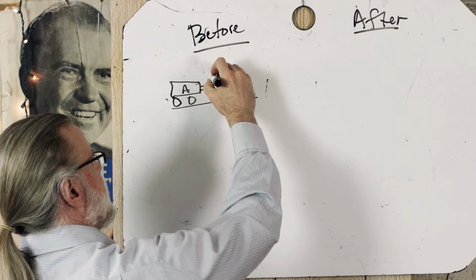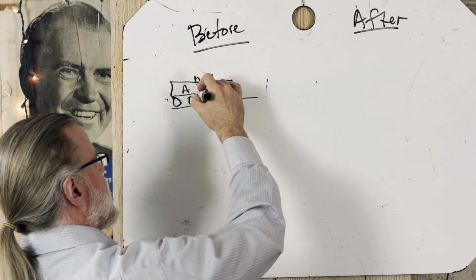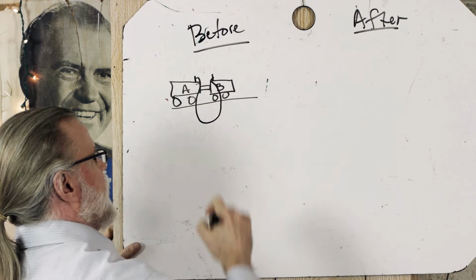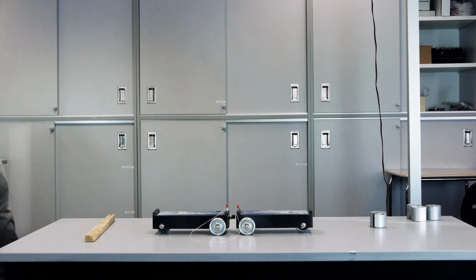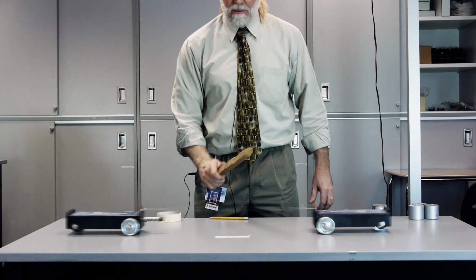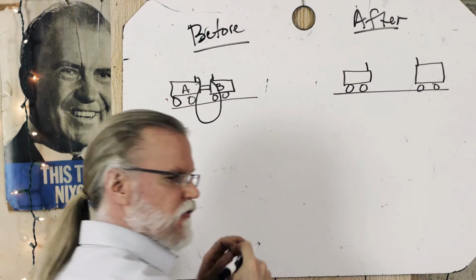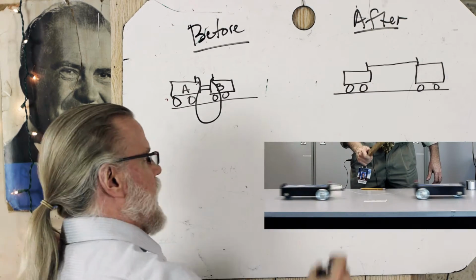And what we've done is we've tied a rope or a string between A and B. And then we make these carts explode. The two carts push on each other, and they're going to fly apart until the string stops them.